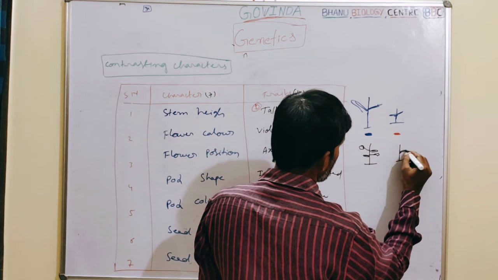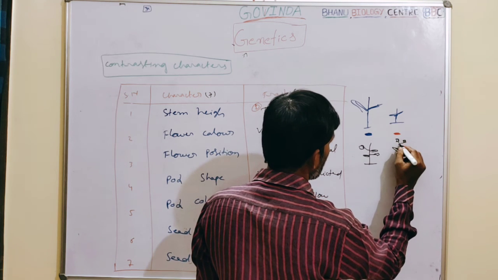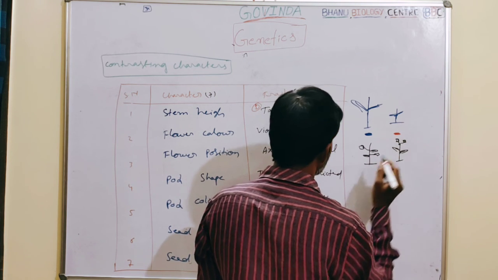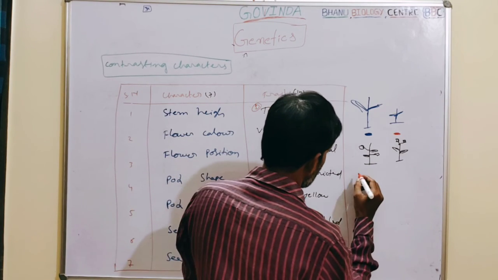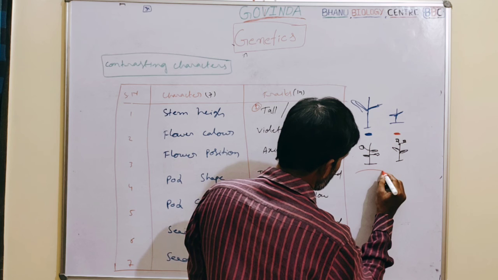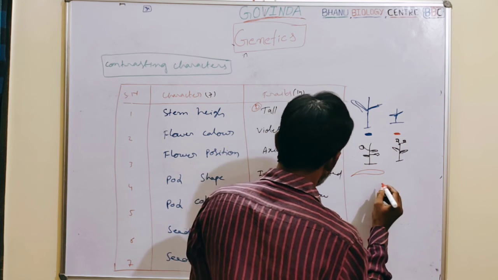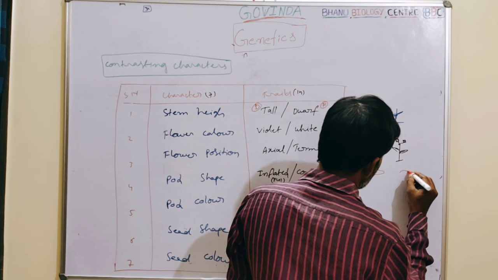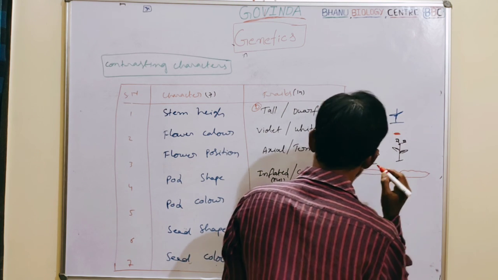Then terminal means at the end of the stem. Here, the flowers are borne at the top. Then inflated pod shape. Inflated means straight, right? Straight. Constricted. This is the constricted shape.